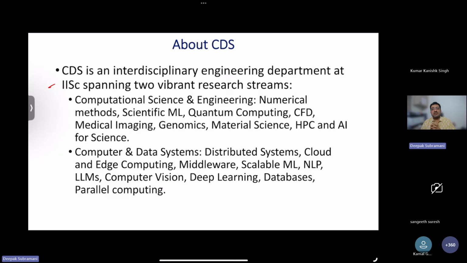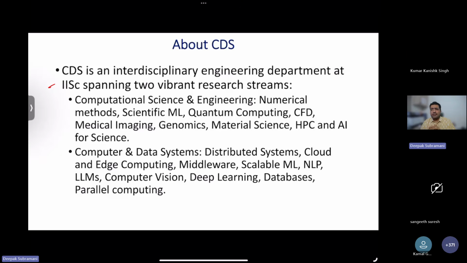It is the first department in India that focuses on computation and data science, the most advanced area of interdisciplinary research today in India. Remember, 2015 was the pre-transformer era. So in some sense, our department has been visionary in setting up this whole interdisciplinary exercise even before modern large language models became very popular.